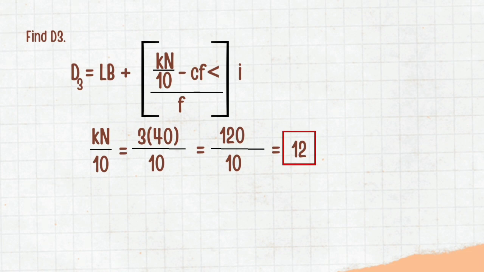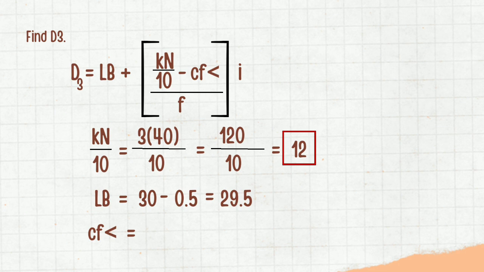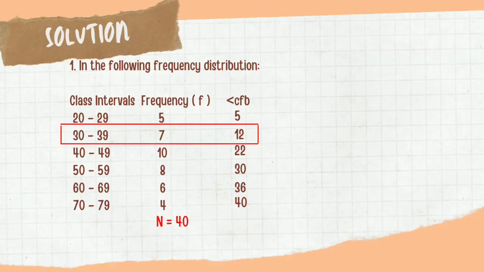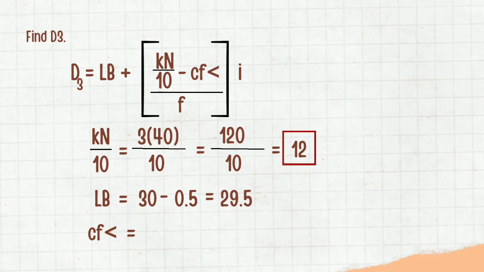So we have now our kn over 10, our lower boundary, which is 30 minus 0.5, so our lower boundary is equal to 29.5. Then our cumulative frequency before, since this is where our Qk class is, is 5.